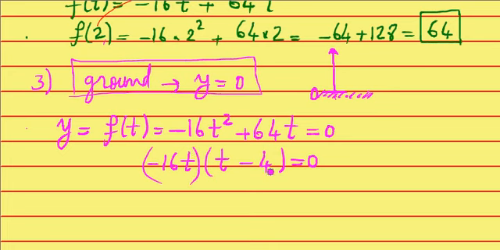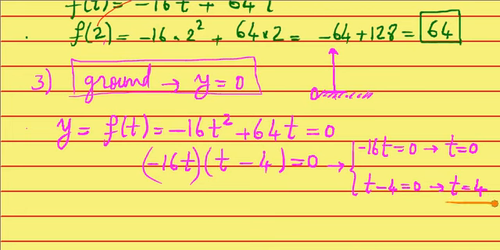Either of these factors can be equal to 0, so either minus 16t is 0 or t minus 4 is equal to 0. This tells you t equal to 0. This tells you t equal to 4. Which one is met? Obviously t equal to 4.